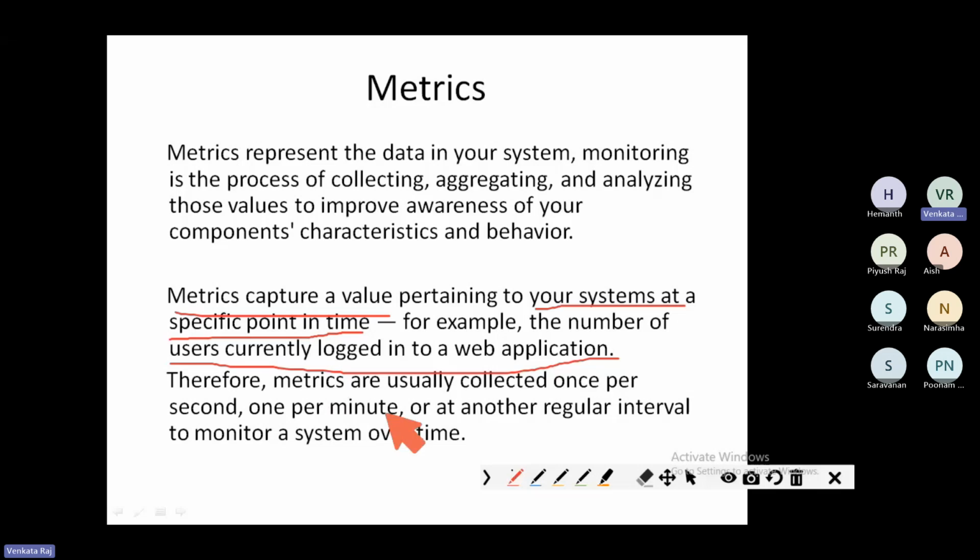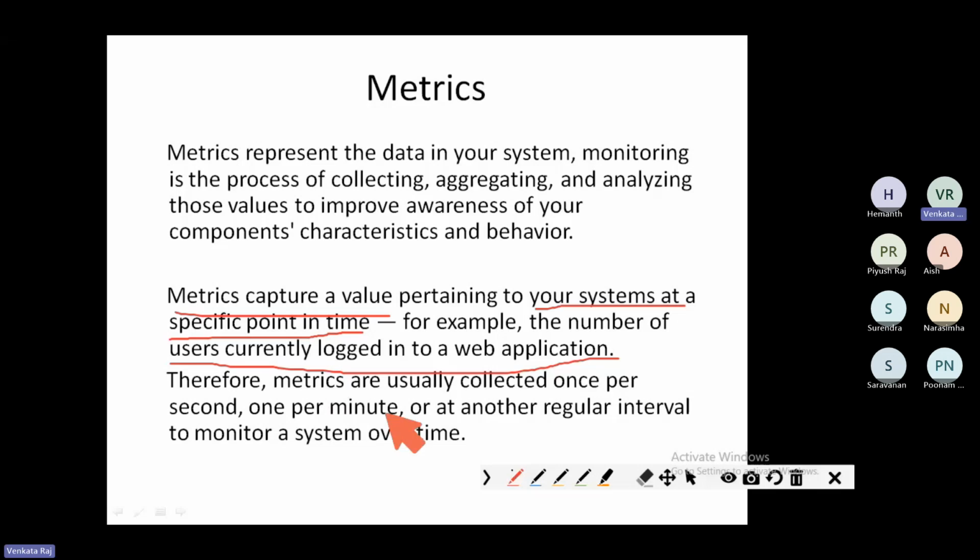Some might collect the data every second, some might collect the data every minute, or at regular intervals, like every 15 minutes, every 5 minutes, every 1 hour, right? So metrics can be collected at different intervals.